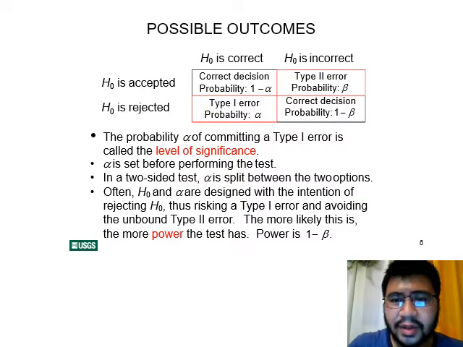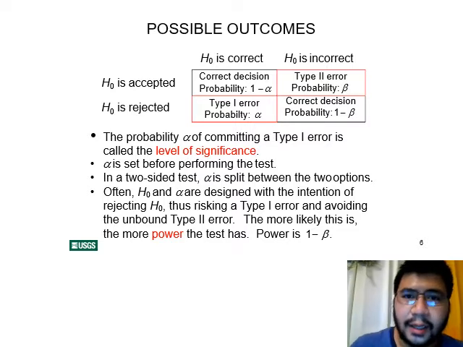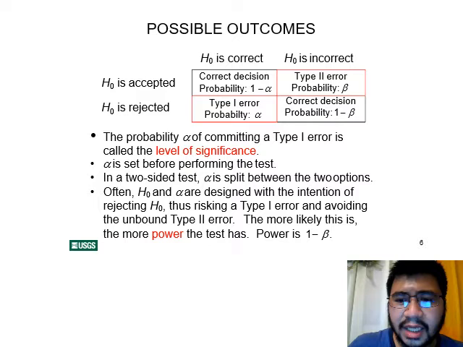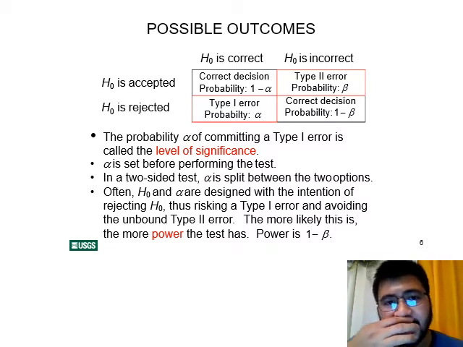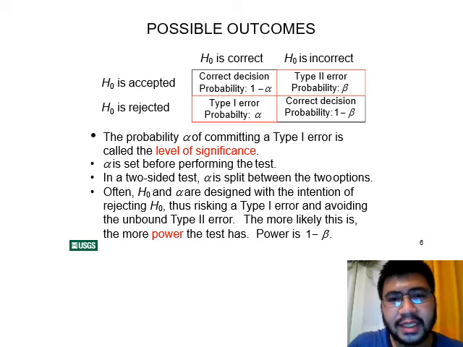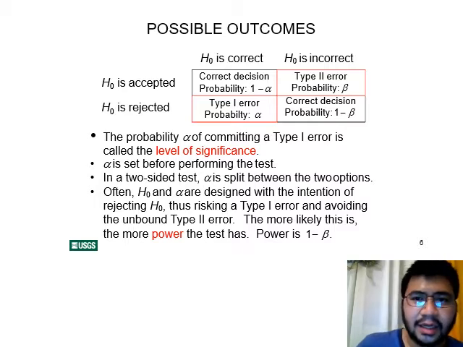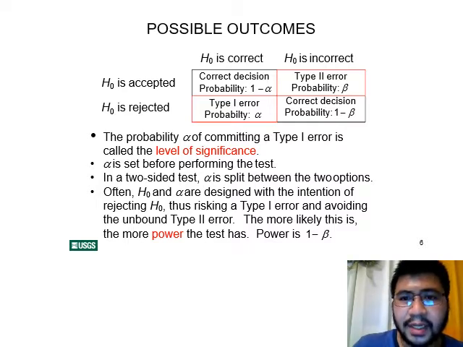Now let's talk about the possible outcomes on how we can interpret your null hypothesis. Now remember that accepting a hypothesis doesn't mean that it is 100% correct. There's always a chance that you may end up accepting a null hypothesis, but it might be incorrect.